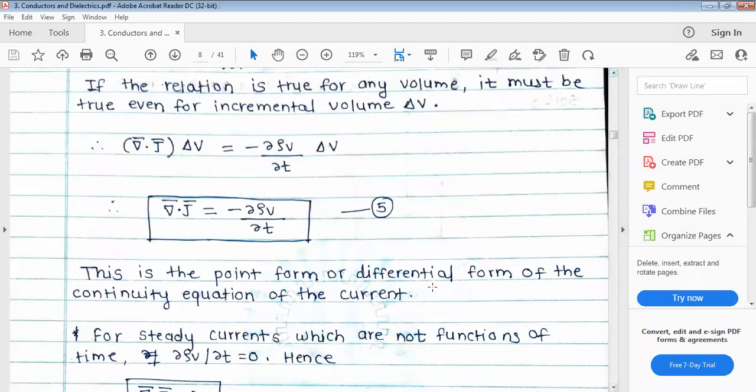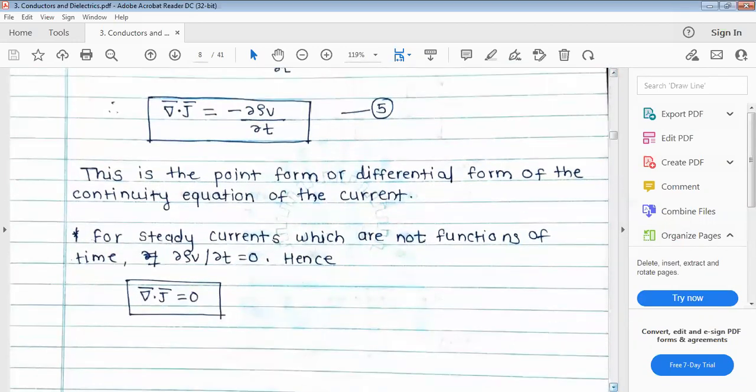Now for steady state currents, those having constant values, which are not functions of time, this ∂rho v upon ∂t becomes 0. So your del dot J bar is equal to 0. This is for steady state current, so you can write these equations when they ask in the examination.